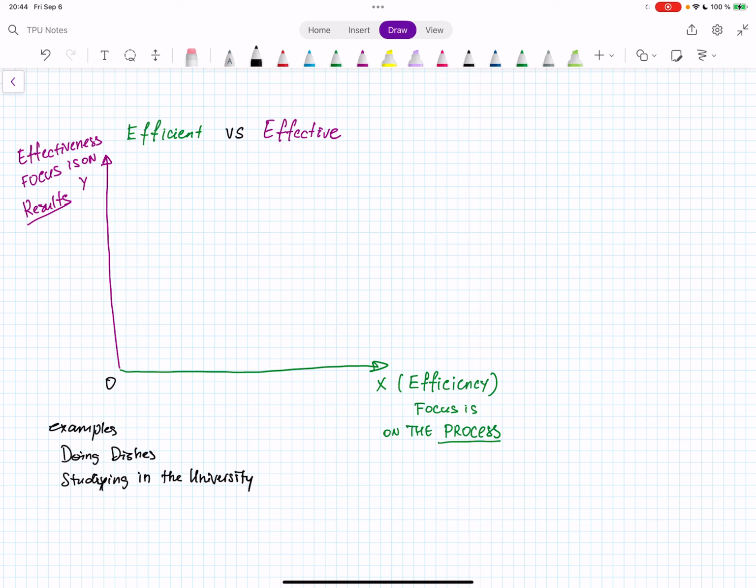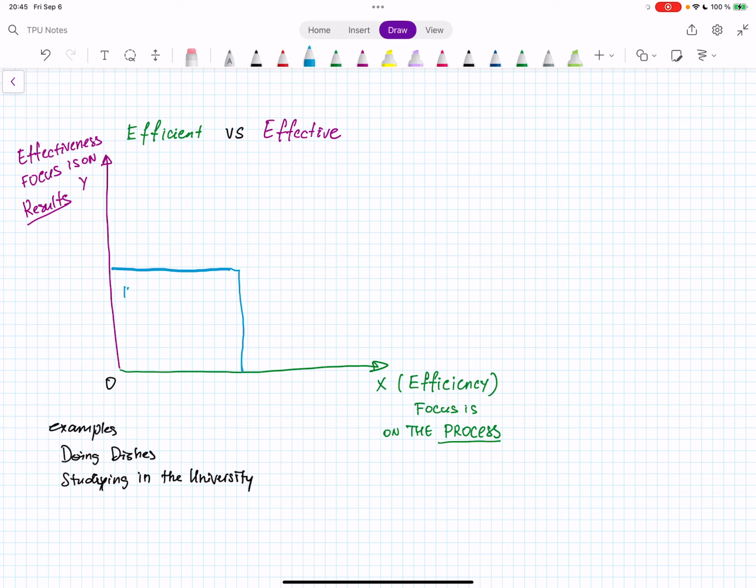Okay. So let's see how we can divide all kinds of people in terms of their efficiency and effectiveness. The first group of people will be the people who pretty much don't care about efficiency and effectiveness. So they are closer to 0.